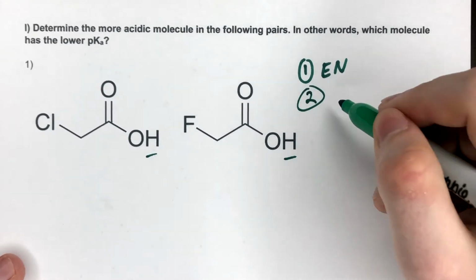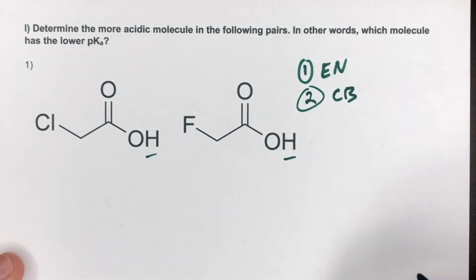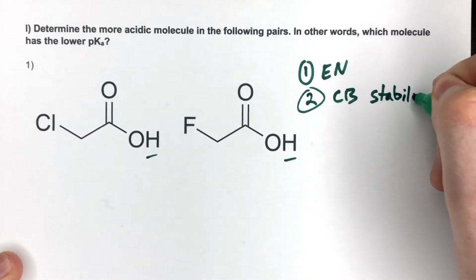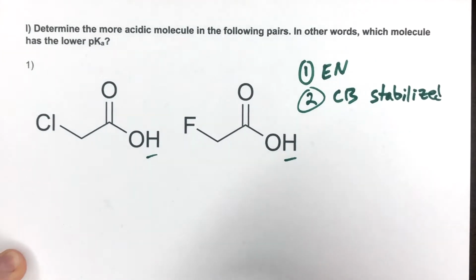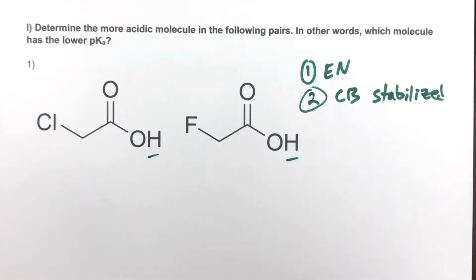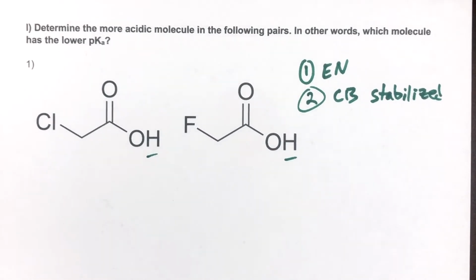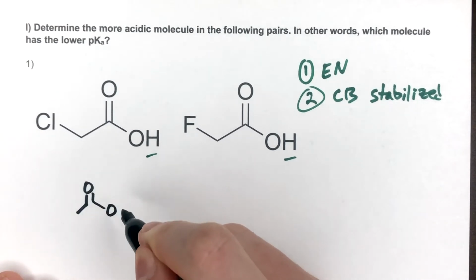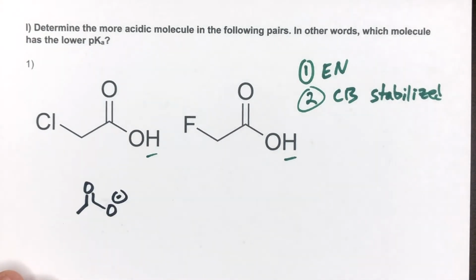Secondly, is the conjugate base, which I will indicate as CB, resonance stabilized? I'll just show one example of this, an O negative where we lose that proton.